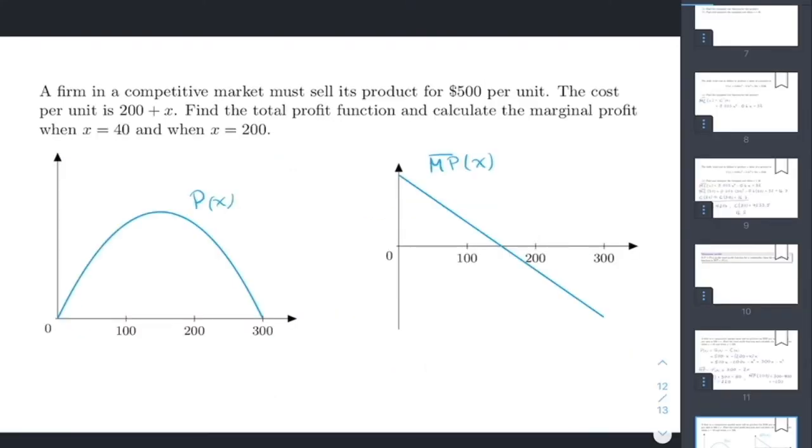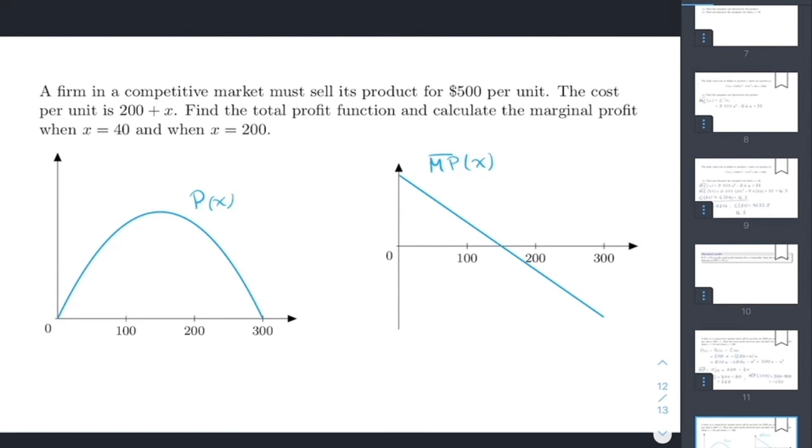So here we have the graph of the profit function and also the graph of the marginal profit function. So this is the graph of the derivative of the profit function. So notice that when X is equal to 40, we are somewhere around here and the profit is increasing. So that means that the derivative is positive, right?